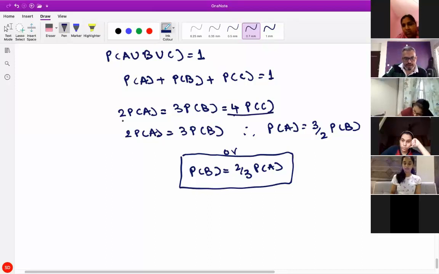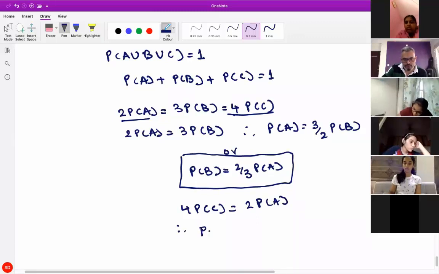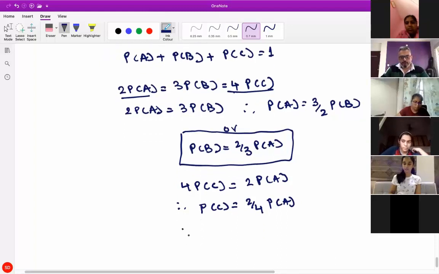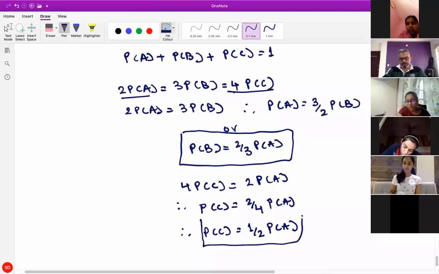4P of C and 2P of A. So I'll write only like this: 4P of C is equal to 2P of A. Therefore, P of C is equal to 2 by 4 P of A, which is equal to 1 by 2 P of A. So now we got P of C, we got P of B, and P of A is as it is.